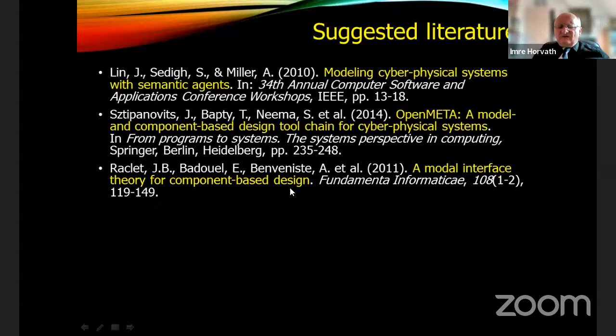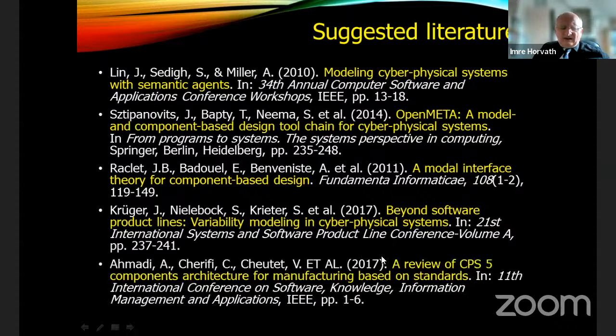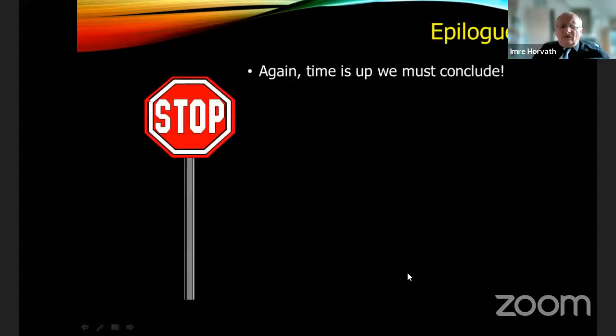The next proposal is the model interface theory for component-based design, don't forget, and the next one is Beyond Software Product Line, variability modeling in cyber-physical systems. This is also important, I believe, and the review of the cyber-physical system 5C architecture. We have discussed it last week for manufacturing based on standards.